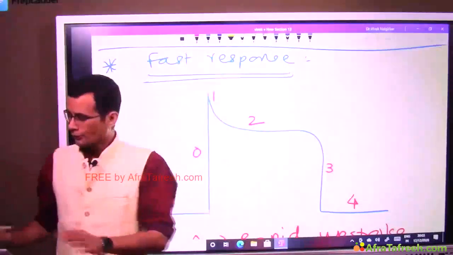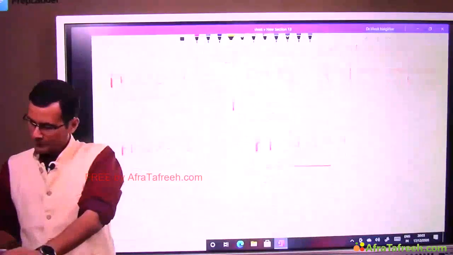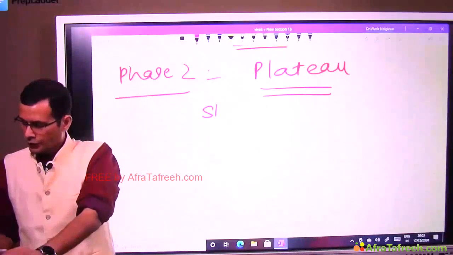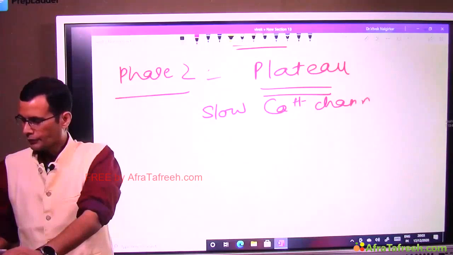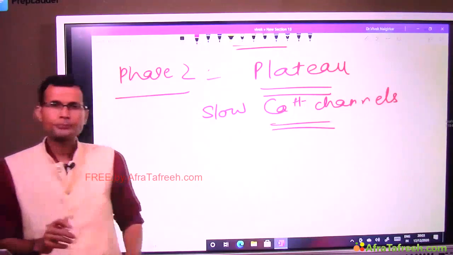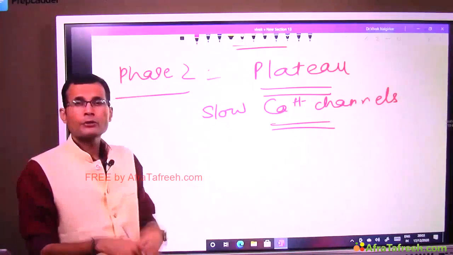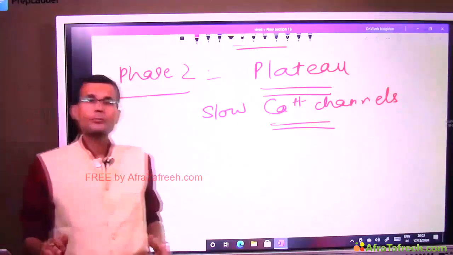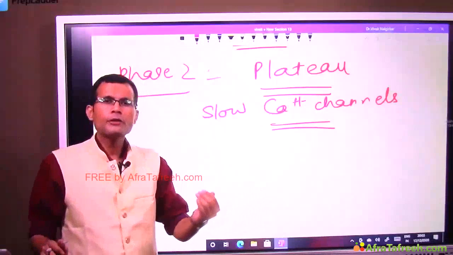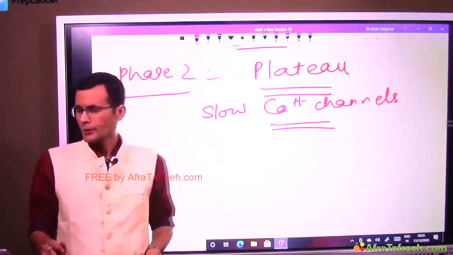This is caused by slow calcium channels. They were slow to open and they are slow to close. So they have opened now and there is a slow inward calcium movement.